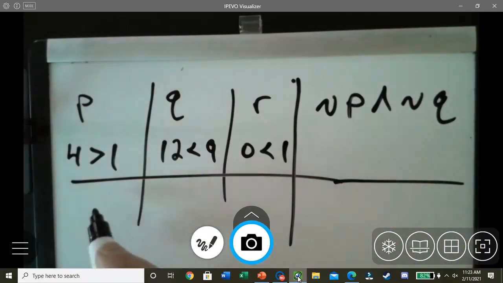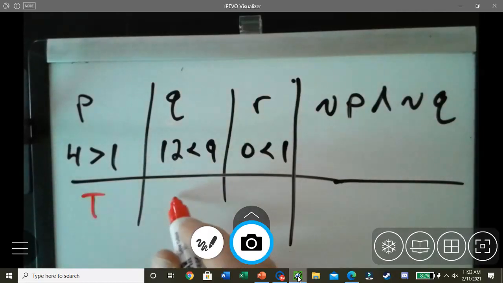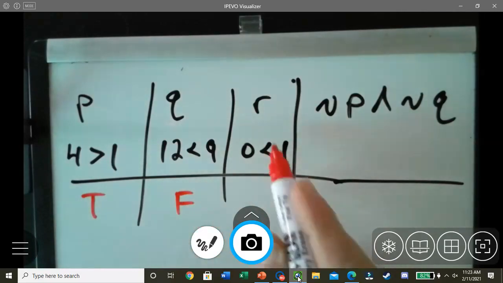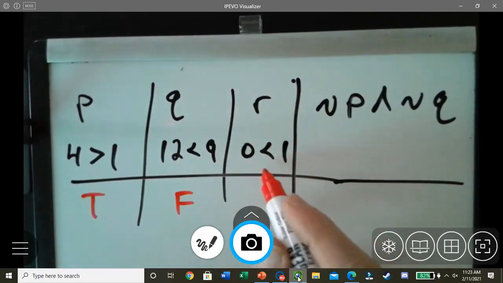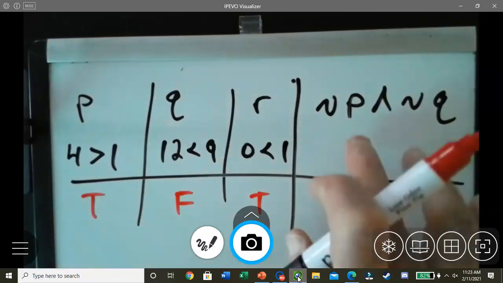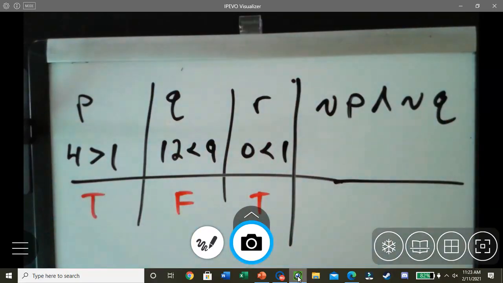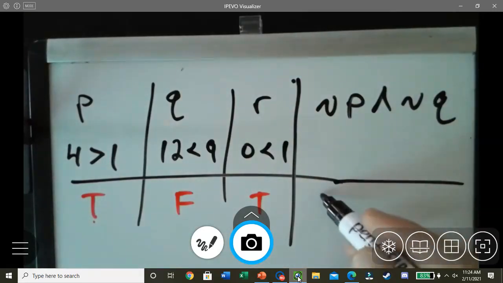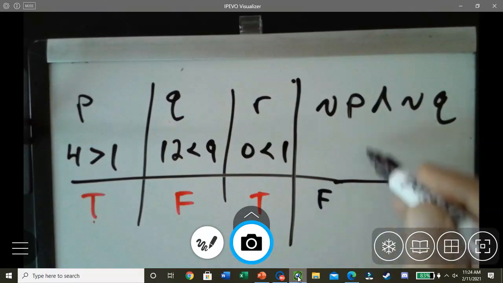Okay, so 4 is greater than 1, that's still true. 12 is less than 9, that's still false. And 0 is less than 1, that's true. Well, we're only looking at P and Q. So since P is true, then not P is false.